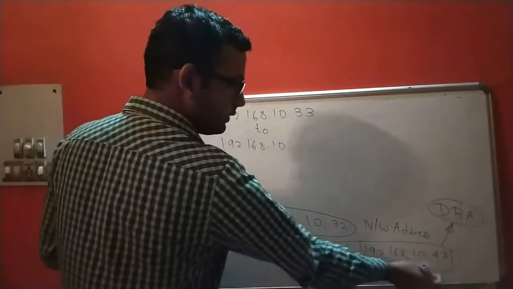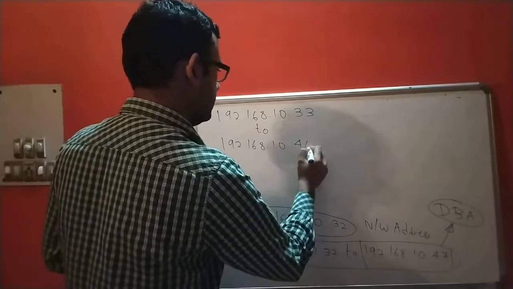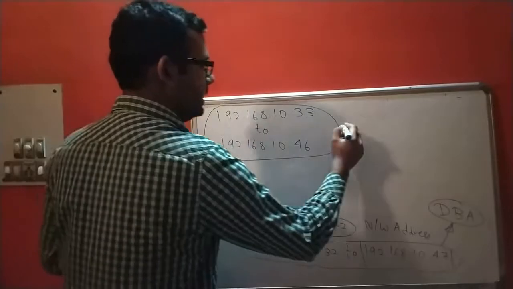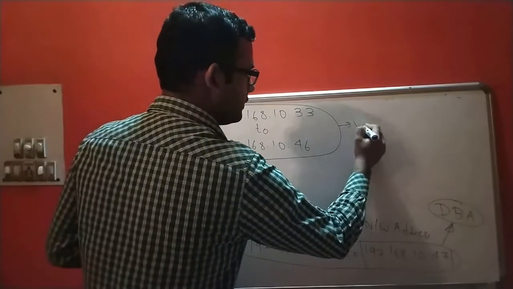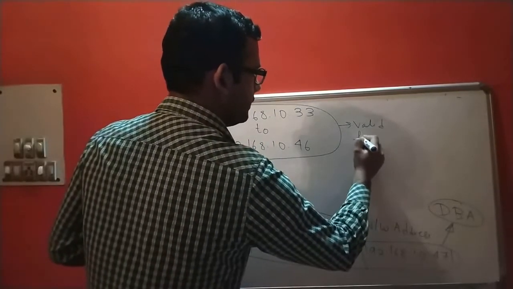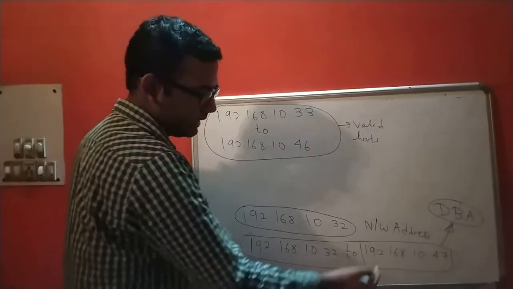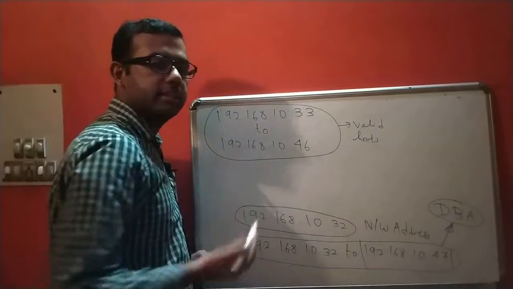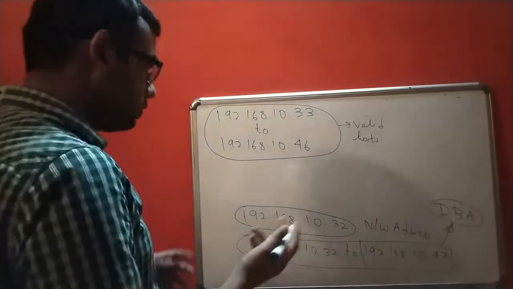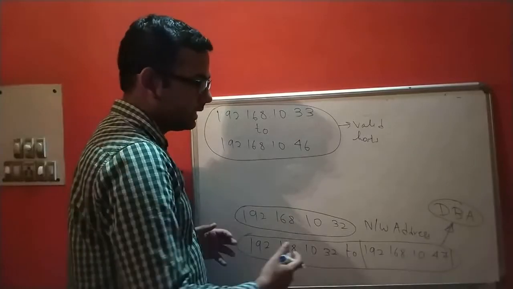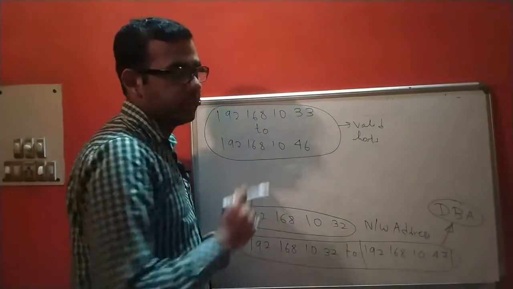The previous one is 46. So this is my range of valid hosts. We have found the network address, the directed broadcast address, as well as the range of valid hosts. We also found the number of IP addresses present given the subnet mask.